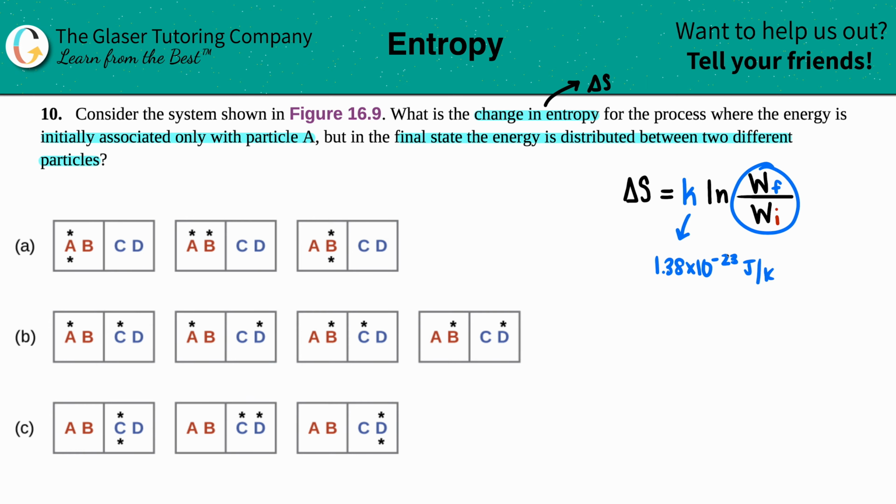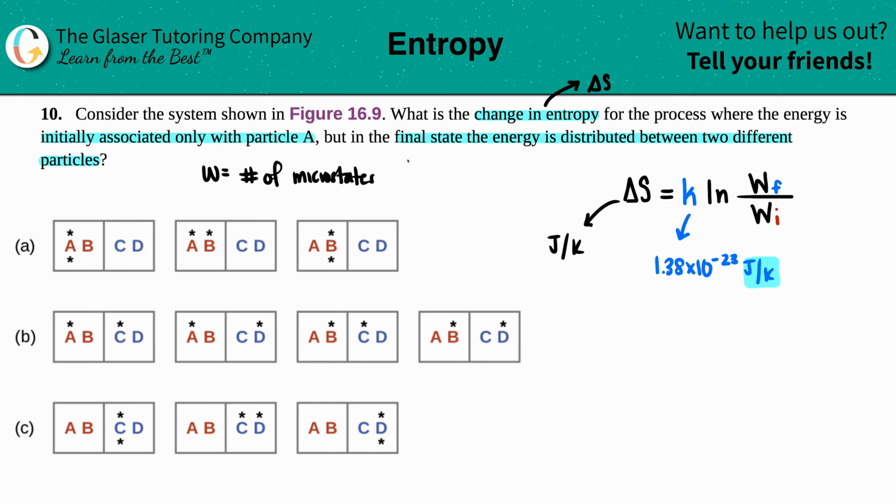Your W values have no units. So whatever the Boltzmann constant is, which is joules per Kelvin, that's going to be the units of your change in entropy, joule per Kelvin. Well, now what is a W, right? Well, the W is always your number of microstates.